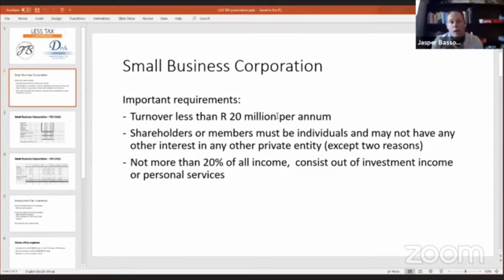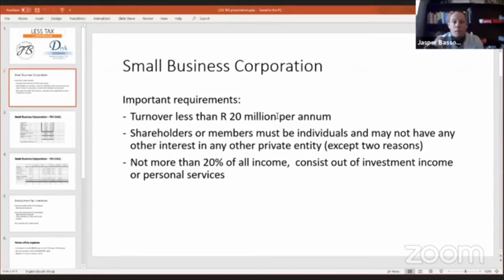It can be anything like accounting, auditing, architect, IT services, or a company that trades in property, whether it's rental income or buying and flipping property. All of them are personal services or investment income. So there's quite a number of exclusions.